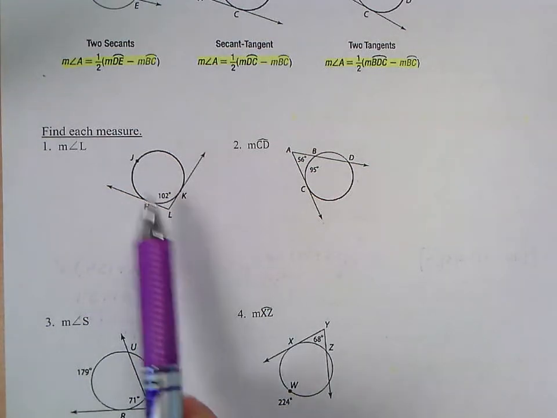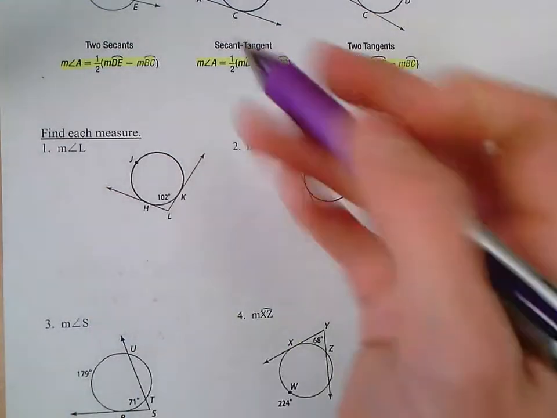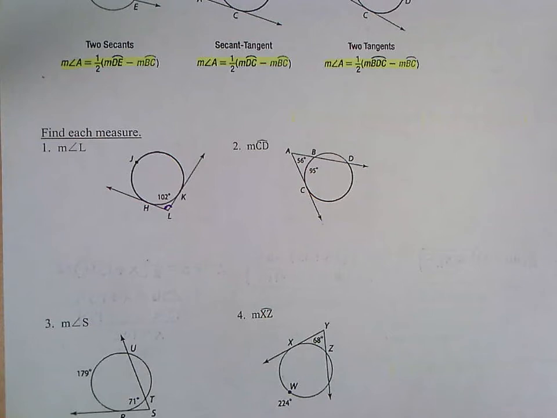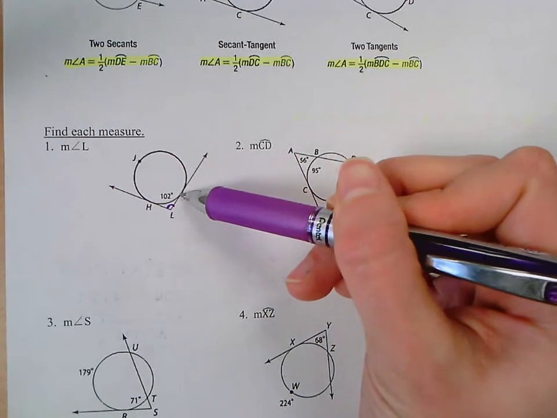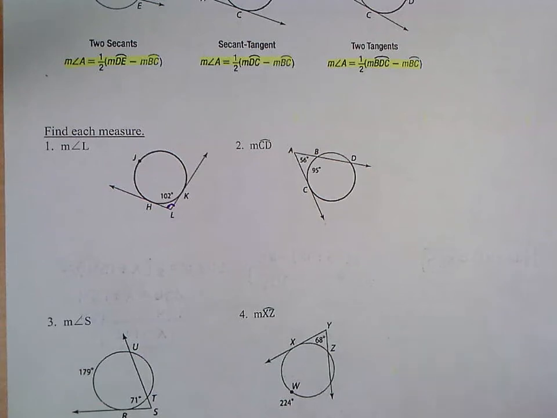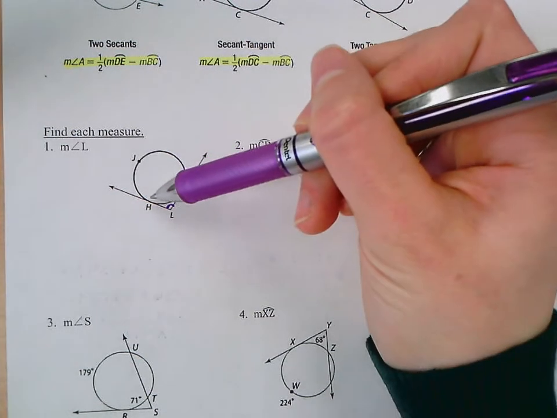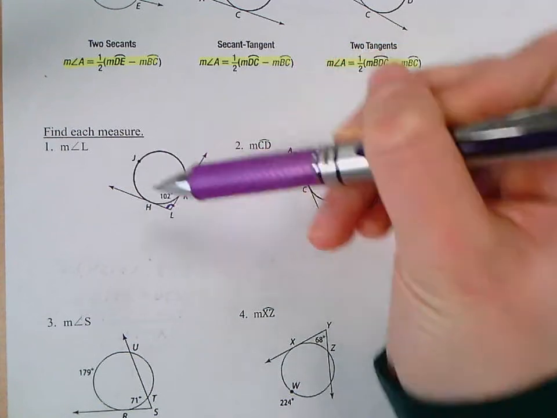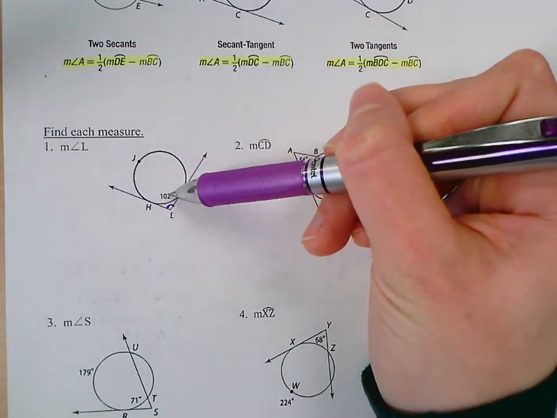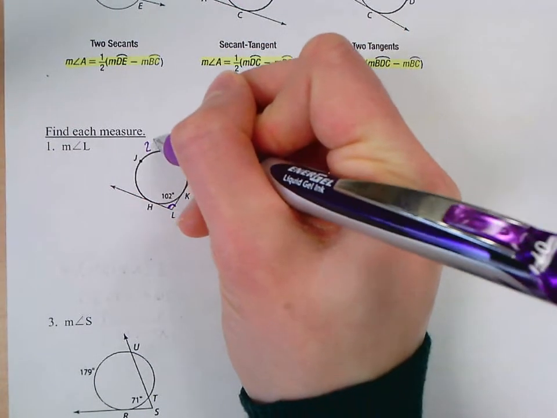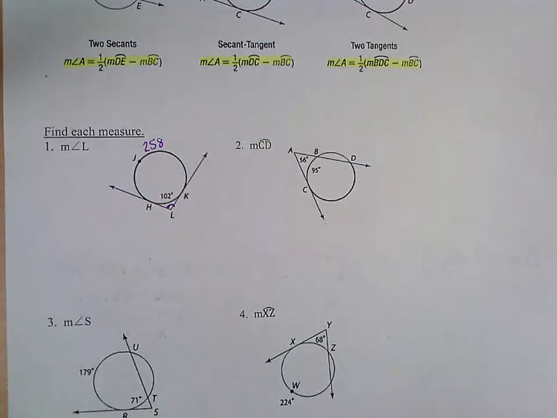So for number 1 here, we're trying to find the measure of angle L. And all we know is that this arc here, HK, is 102. So similar to the last example, I need that larger arc, and I can find that by subtracting this from 360. So 360 minus 102 means this arc is 258.